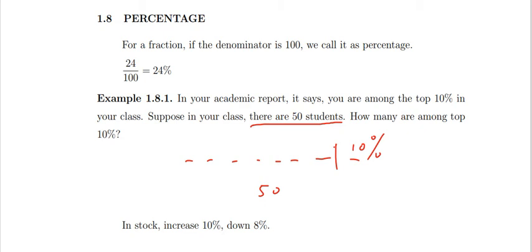Out of 100 we have 10, so 100 counts for 10. Then 50 counts for half, 5, right? We can also calculate it this way: 50 multiplied by 10%. This 10% can also be changed to a decimal, which is 0.1. So this equals 5.